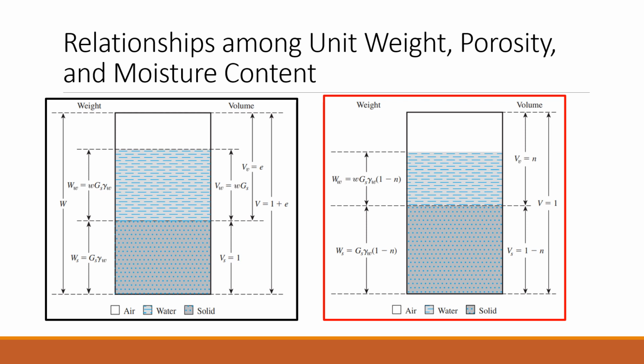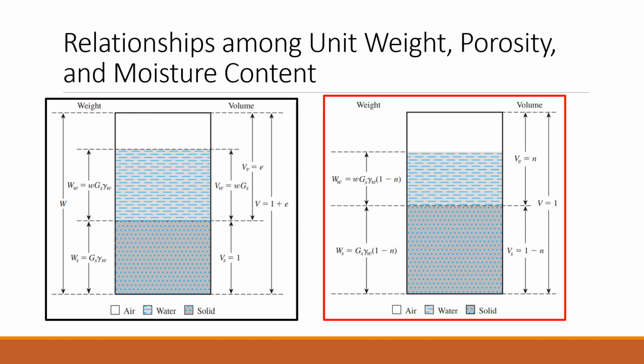Kaganiha, katong first relationship no, ang atong gi-equal to 1 is the volume of solids lang. This time, para ma-establish nato ang relationship between unit weight, porosity, and moisture content, ang total volume na ang atong gi-set equal to 1. So, if the volume of voids is now equal to n, kaganiha, ang volume of voids is equal to E, which is the void ratio.